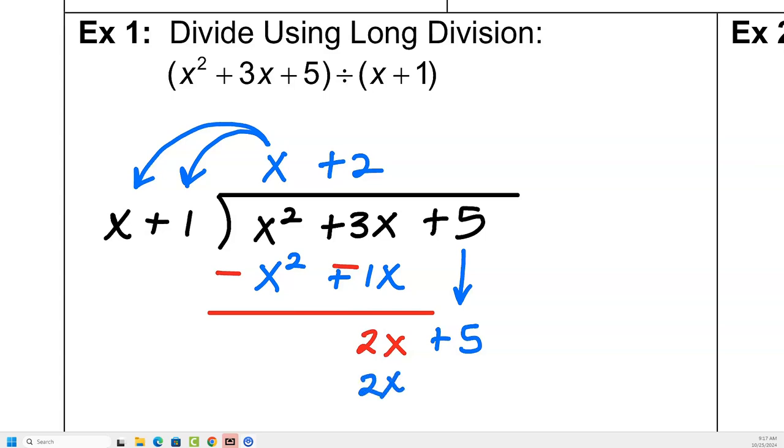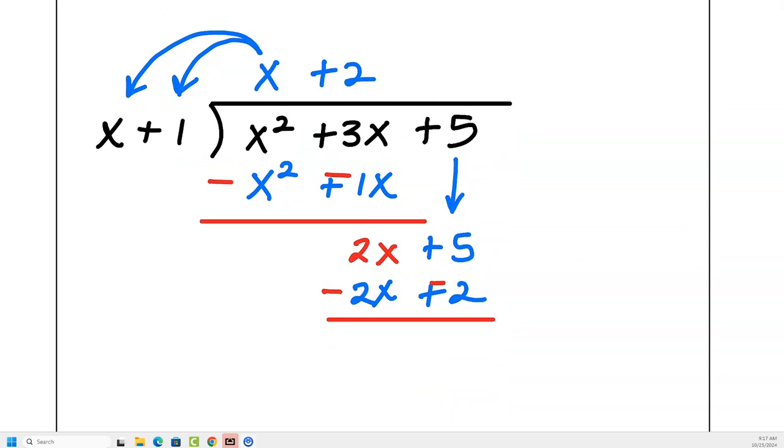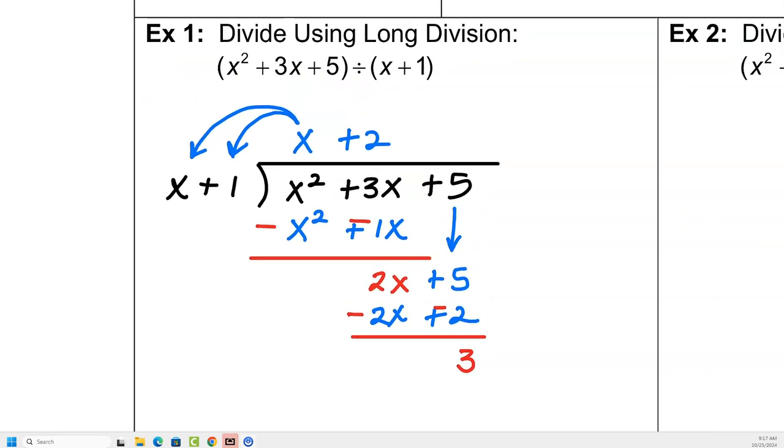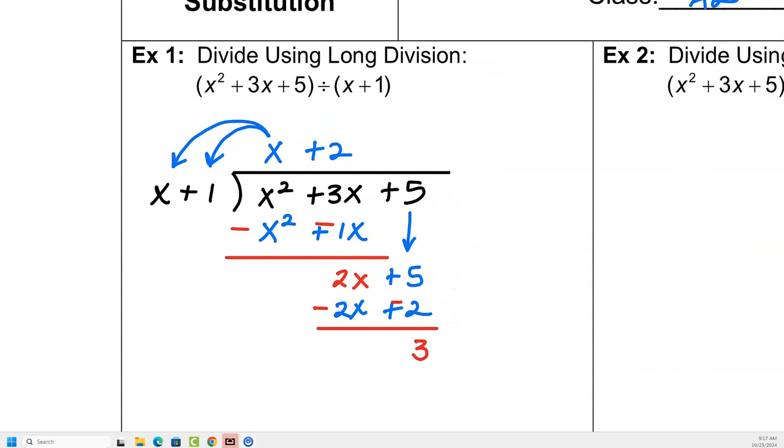And then 2 times the 1, which is just 2. I'm going to draw my line and change all signs. And we're going to get 3 here. If you remember correctly, the 3 is the remainder.